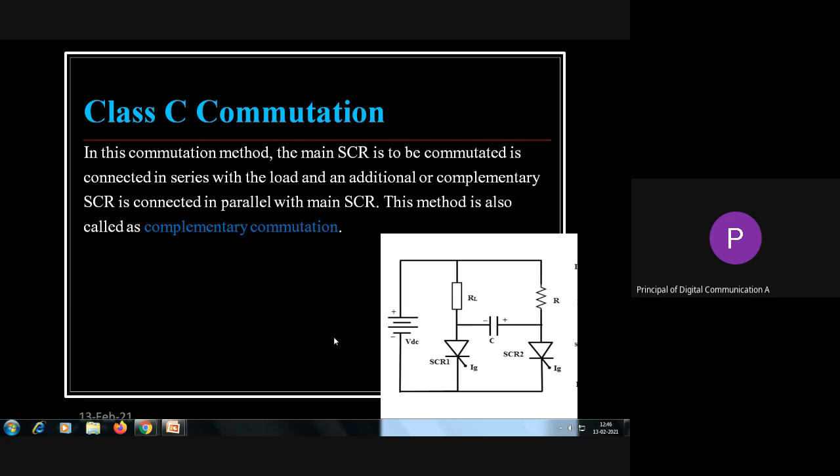So you will say that firstly the positivity is shown to the right side. So why is it? It is an assumption only that in that direction the capacitor is mounted in the circuit, and accordingly the explanation is there.